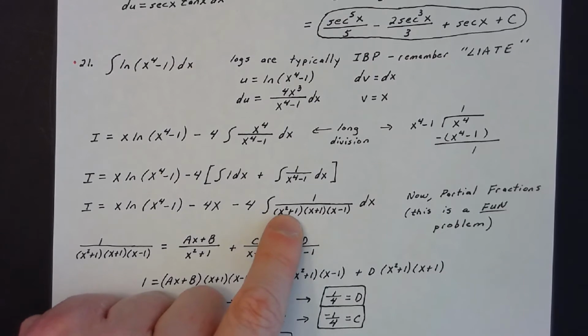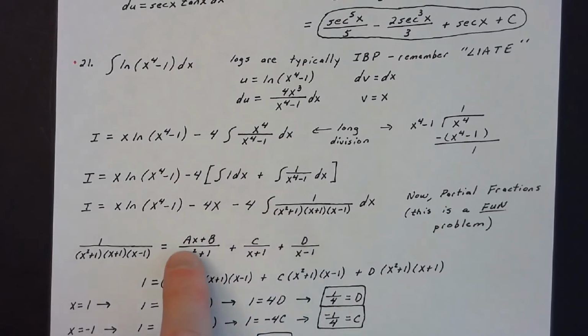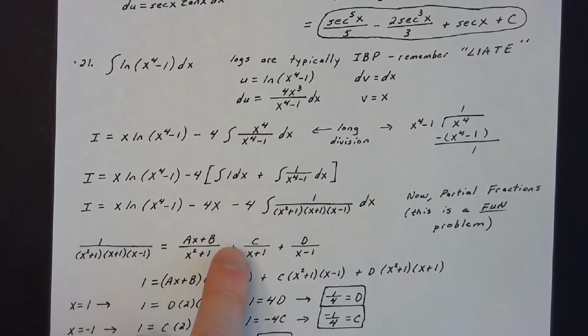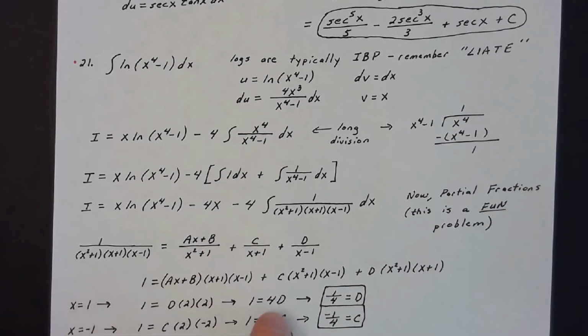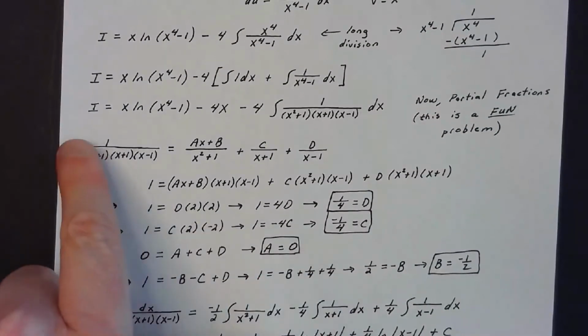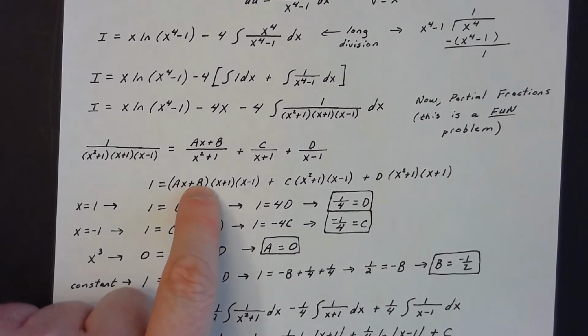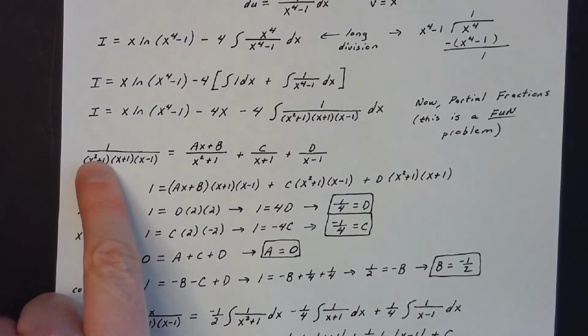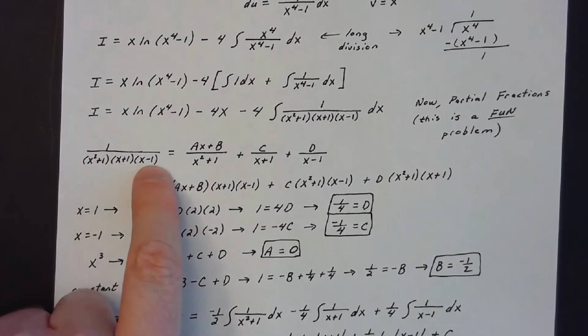Over any quadratic factor, I need a linear, so the first term I have is ax plus b over x squared plus 1. The two linear factors just have constant numerators, so I'll have plus c over x plus 1 plus d over x minus 1. Now I need to try to solve for a, b, c, and d. From this step to this step, all I did was take the entire equation and multiply by x squared plus 1, x plus 1, and x minus 1.